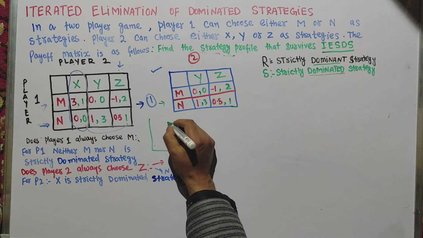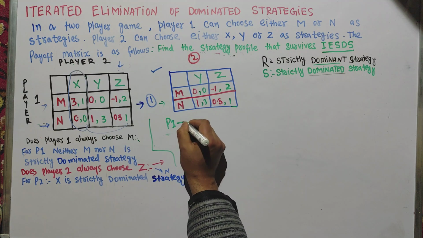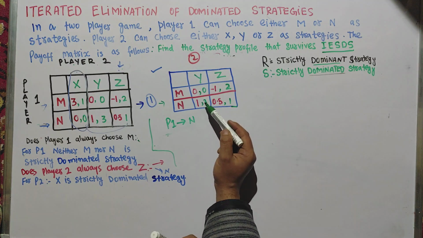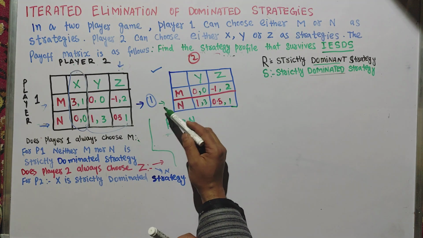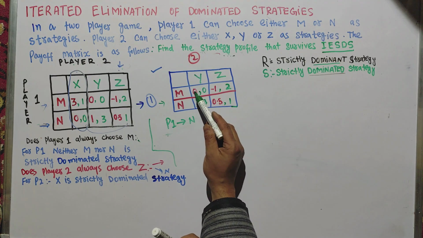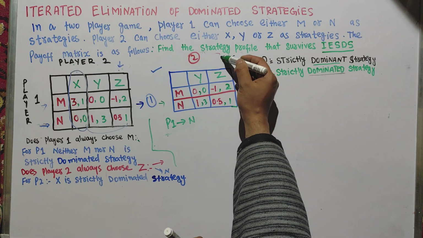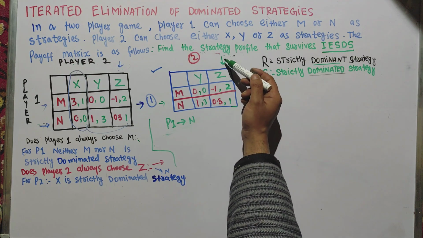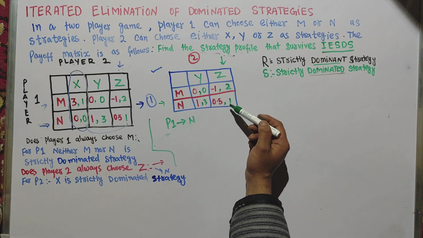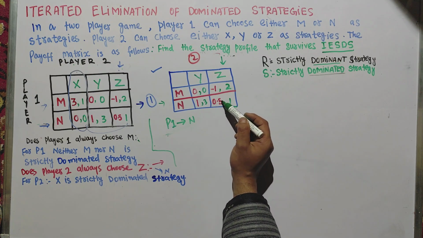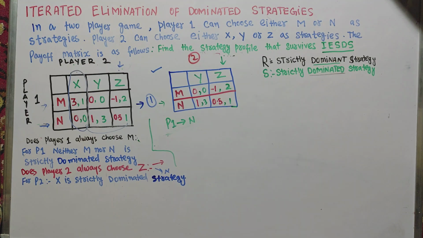Let us see, does player 1 always choose N? When player 2 plays Y, player 1 will play N because 1 is greater than 0. Does this also happen when player 2 plays Z? Does player 1 again choose N? Yes, obviously 0.5 is greater than -1.